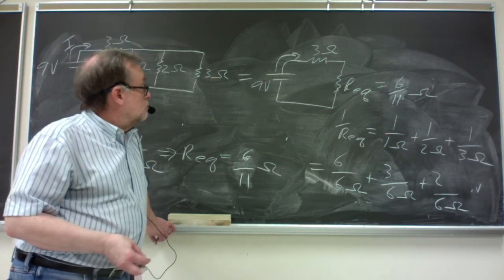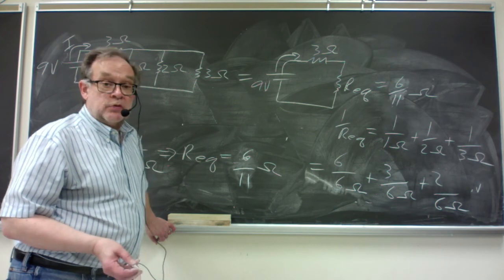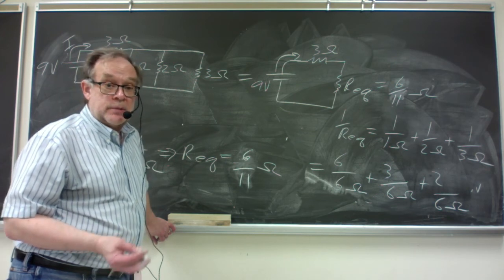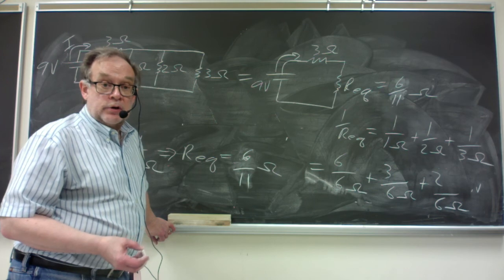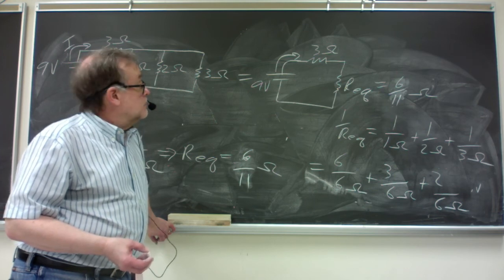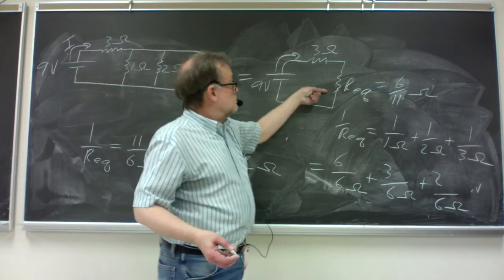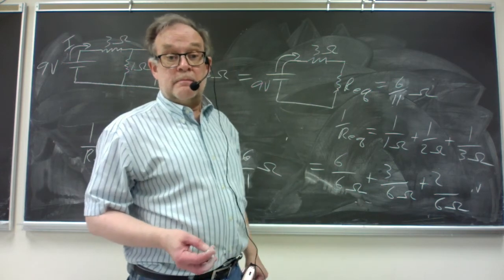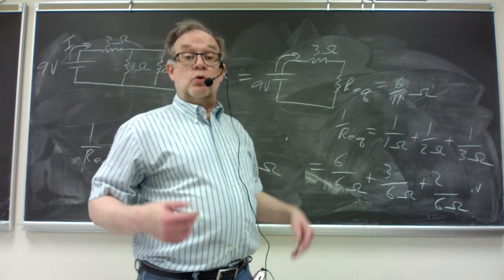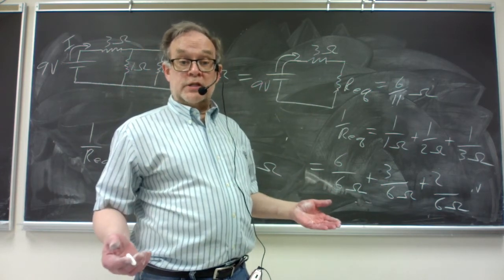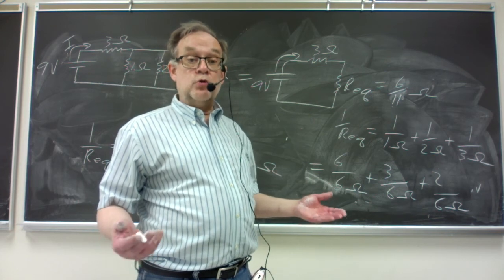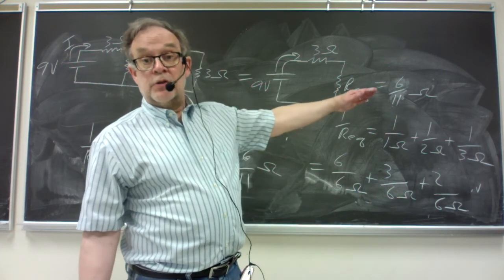Okay, so now there's one more simplification we need to do to get to the simplest equivalent circuit. And to do that, we know that now we've got 2 resistances in series. So that's equivalent to just one resistor whose resistance is the sum.